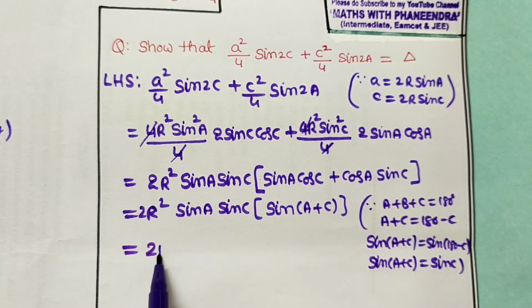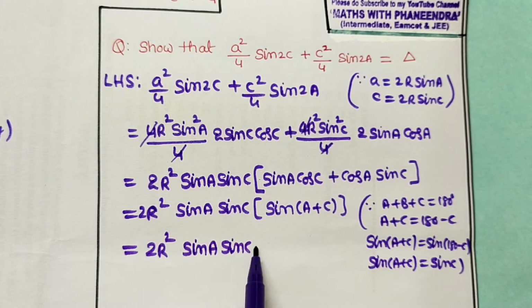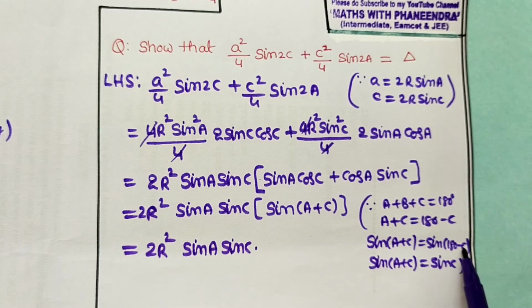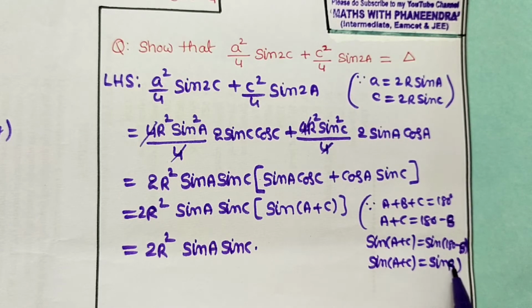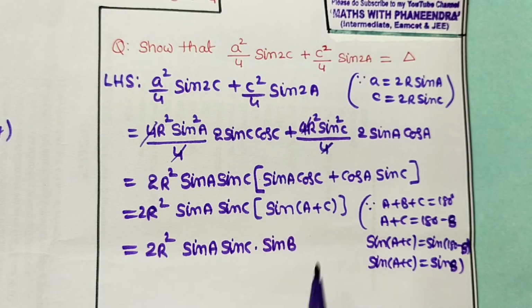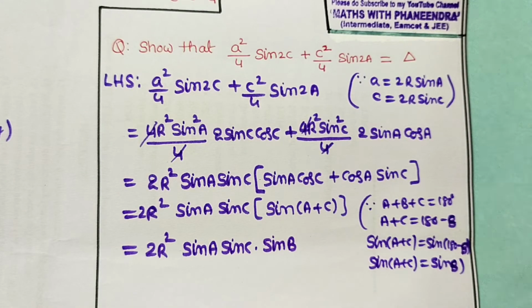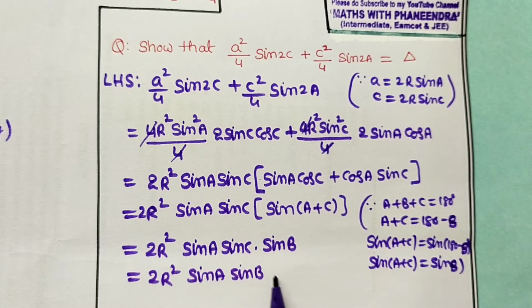So 2R square sin A sin C into sin B. Sin 180 minus B is sin B, so this bracket value will become sin B. Therefore, we know the formula delta equal to 2R square sin A sin B sin C. Written in order, 2R square sin A sin B sin C, which is equal to delta, which is the required RHS.